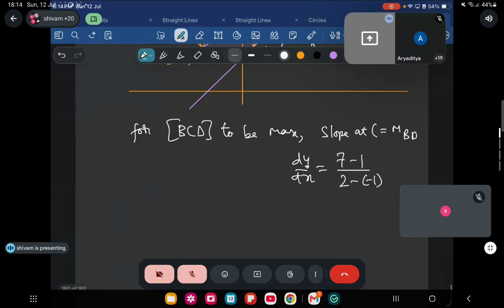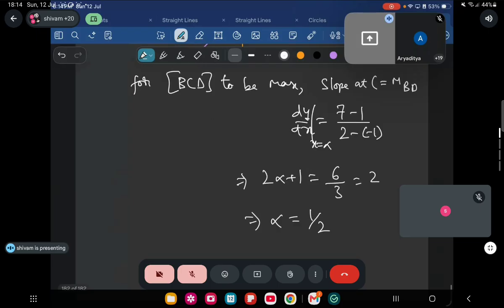Trina? dy by dx at x equal to alpha will be equal to how much? 2 alpha plus 1. Tell me, 2 alpha plus 1 should be equal to 6 by 3, that is 2. What is the value of alpha? Tell me. Quickly. I am getting alpha equal to half. Right. If alpha equal to half, so what is alpha square plus alpha plus 1? Tell me. 7 by 4? Yes or no? Therefore, coordinates of C should be equal to half comma 7 by 4.